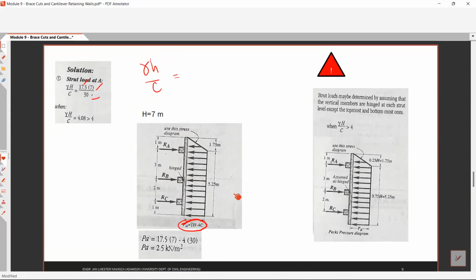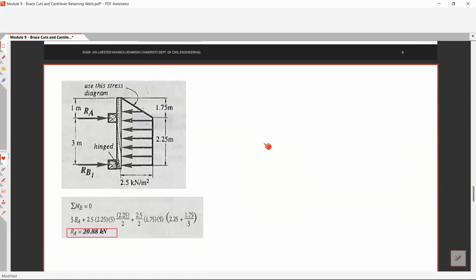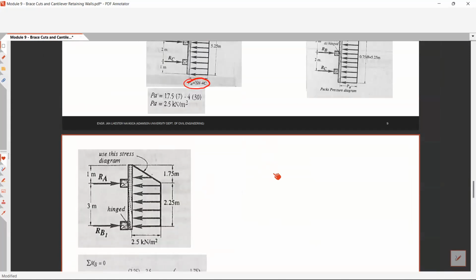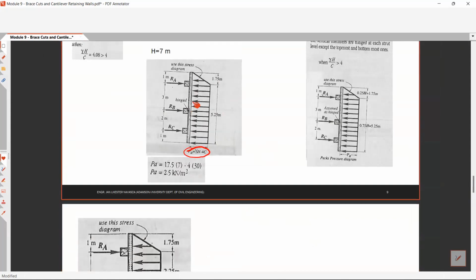Okay, so recall your theory of structures. So kapag may hinge, we can separate yung taas and yung baba. Okay, separate at the hinge, and the reaction will be divided into two.